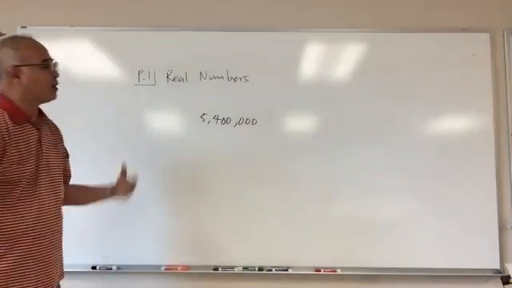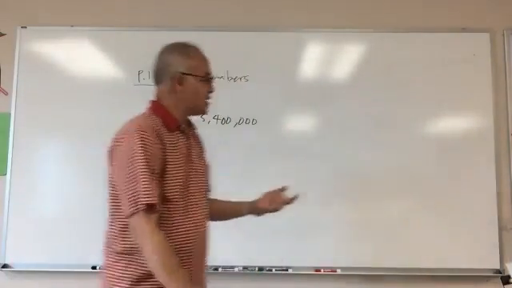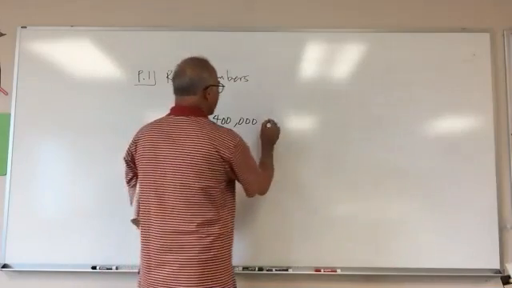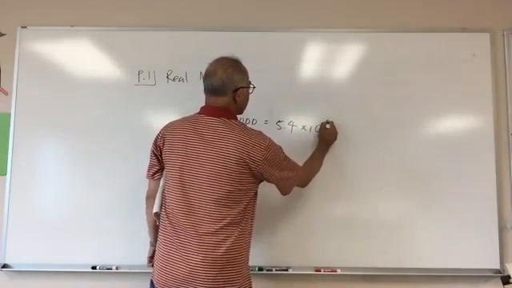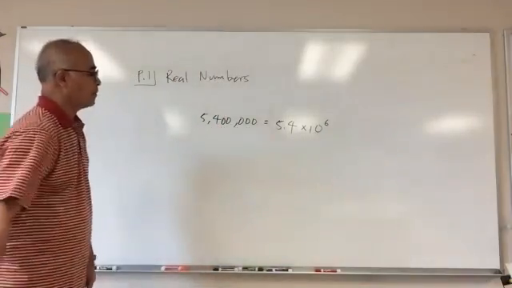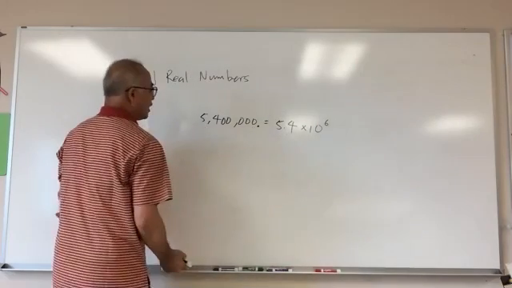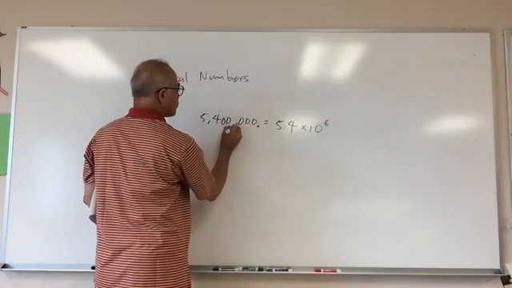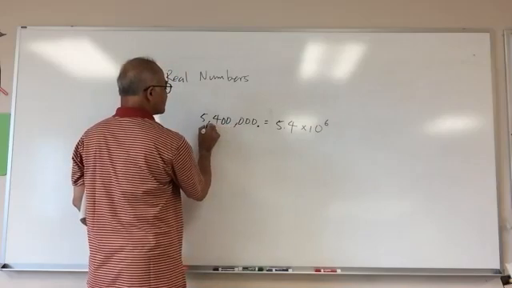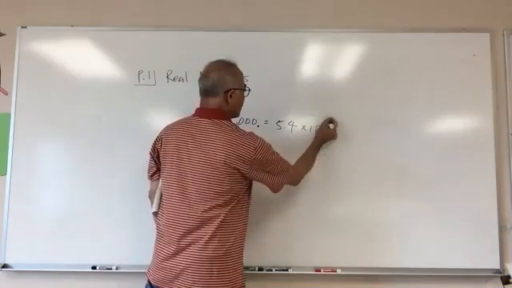Instead of writing all these numbers out, the scientists got lazy and said, I'm going to call this 5.4 times 10 to the sixth, right? Yep. Since this is the true decimal point, I'm going to count my decimal places: 1, 2, 3, 4, 5, 6. That's where that 6 comes from.